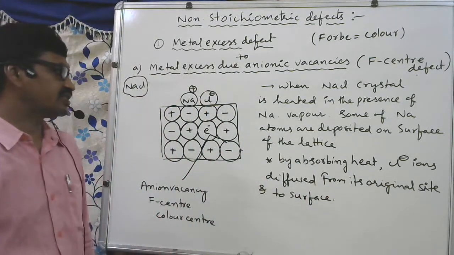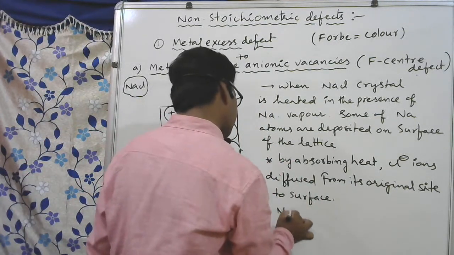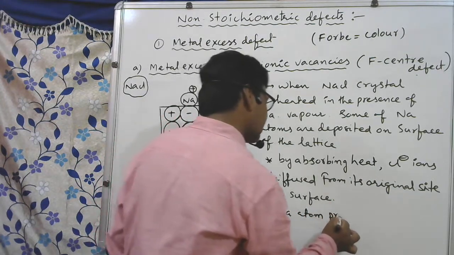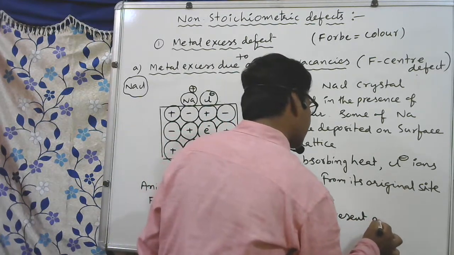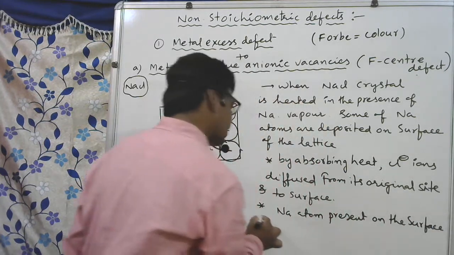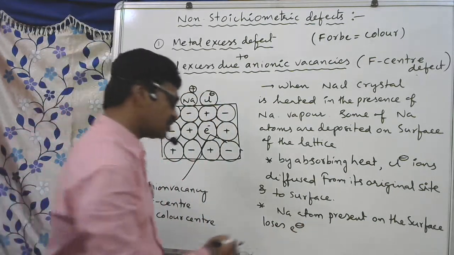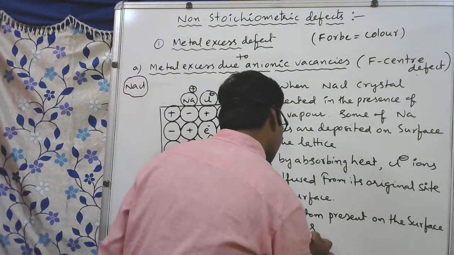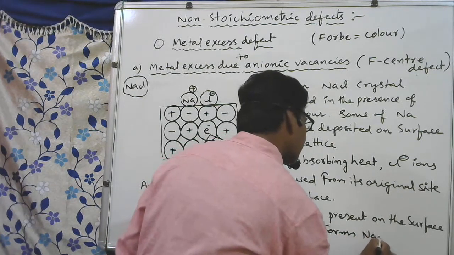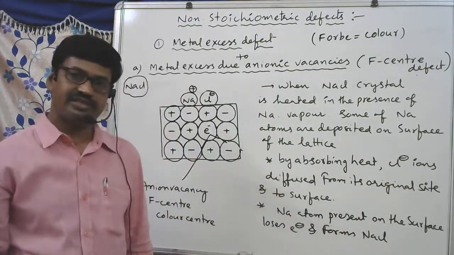And one more statement: the sodium atom present on the surface loses an electron and, when it combines with the Cl minus ion, forms NaCl.